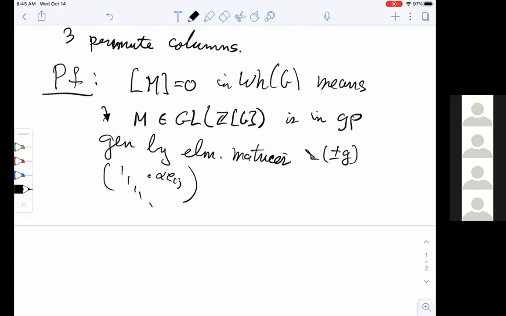Well, if that's true, M in this infinite matrix group can be written as a finite product of these matrices, this 1-by-1 matrix and these elementary matrices.